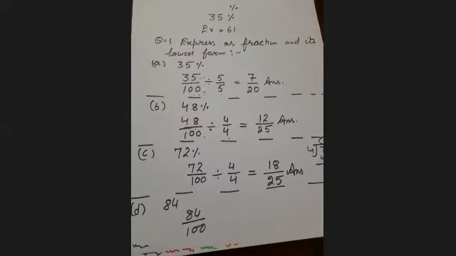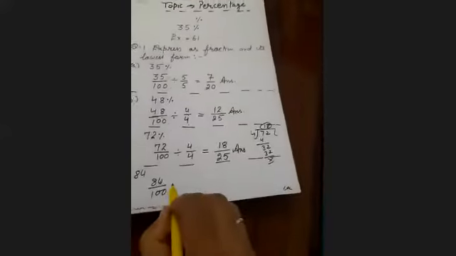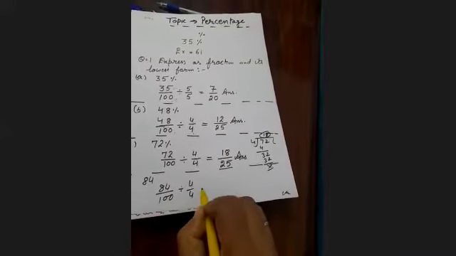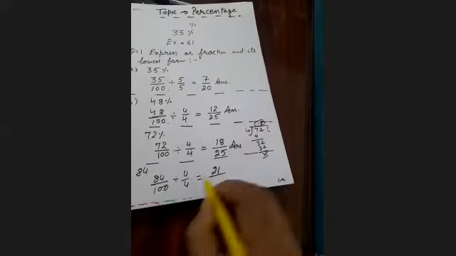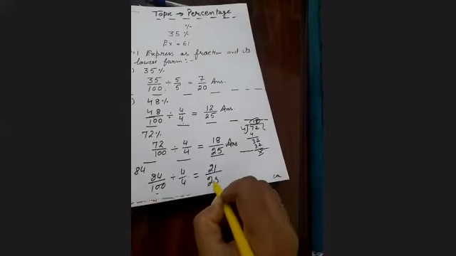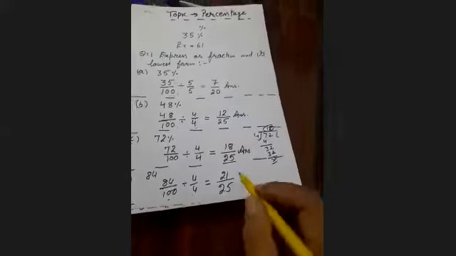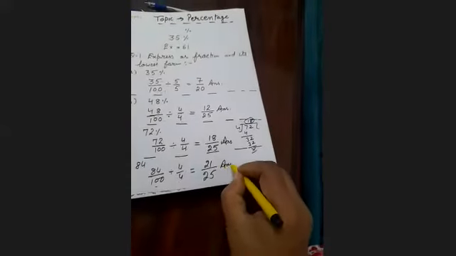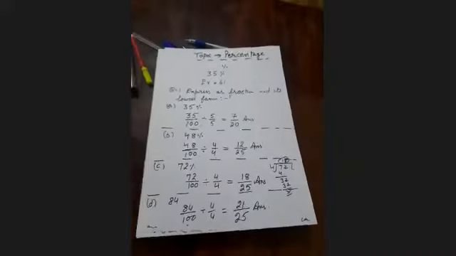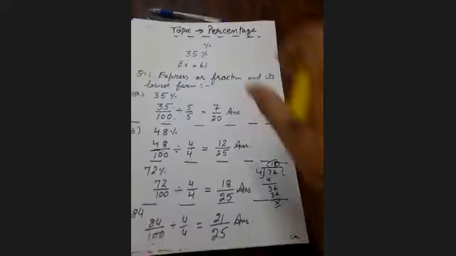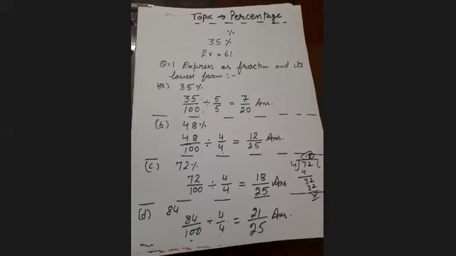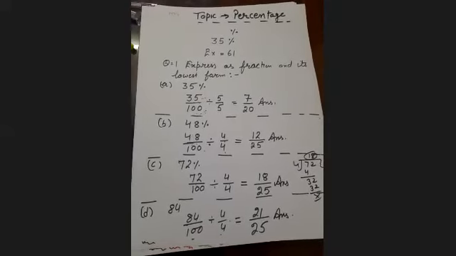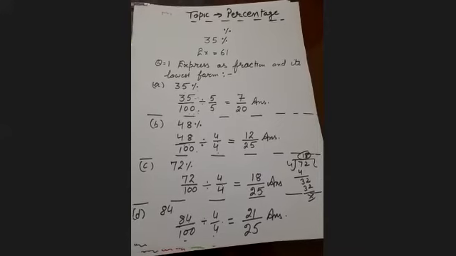For this, students, again we'll divide by 4. 84 divided by 4, we get 21, and 100 divided by 4, we get 25. So your answer is 21 upon 25. Clear, students? So this is the first question, parts A, B, C, and D.